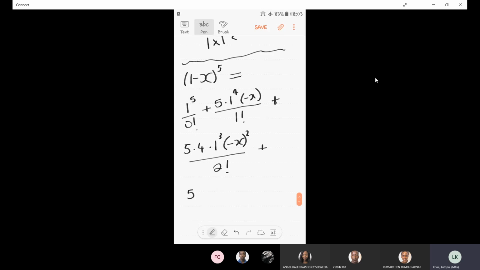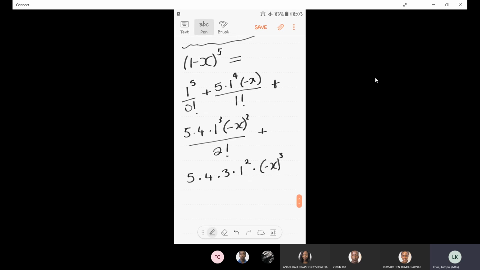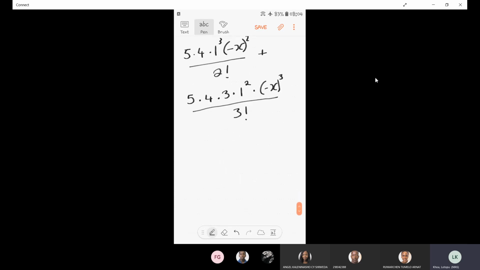And then 5 times 4 times 3 times 1 squared, minus x to the power of 3. I have to divide this by 3 factorial. And then I have 5 times 4 times 3 times 2.